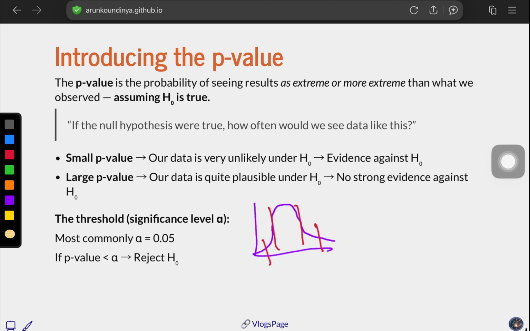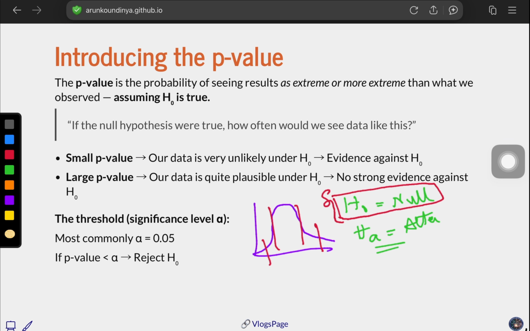What does hypothesis testing say? H naught is nothing but your null hypothesis, and H alternative is your alternative hypothesis. And we have seen that the null hypothesis is our default decision making. So what it means to overlay this on statistics is that whatever we are assuming with respect to the null hypothesis, this data is our population data.